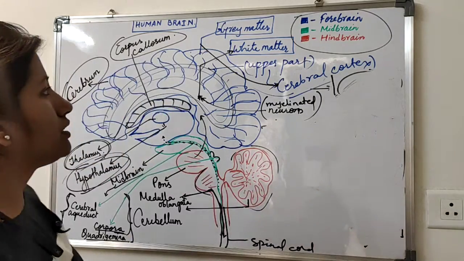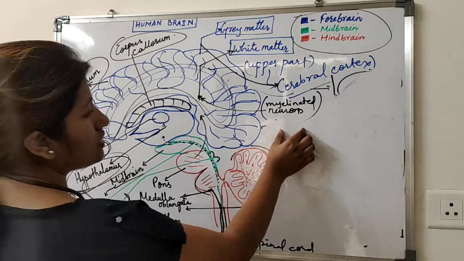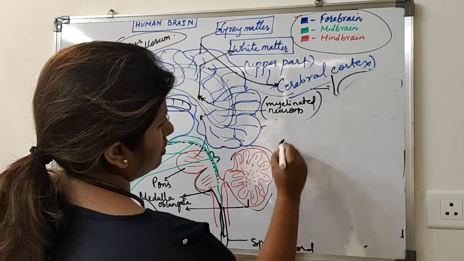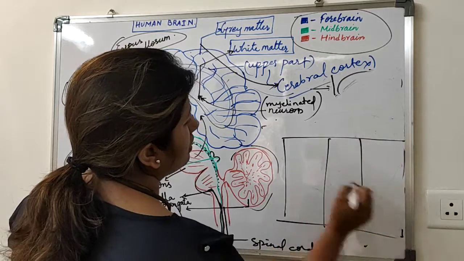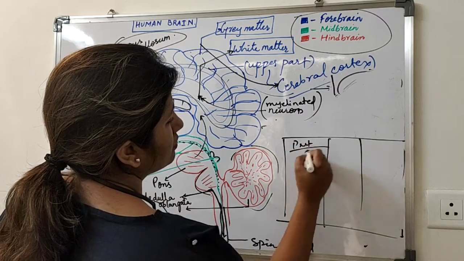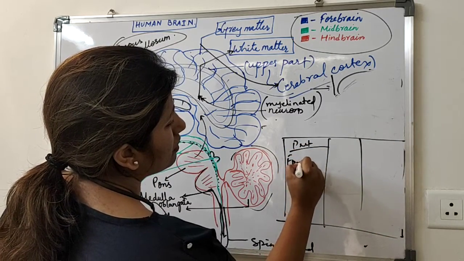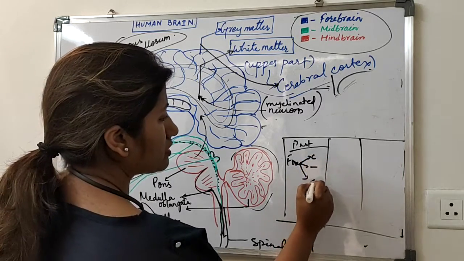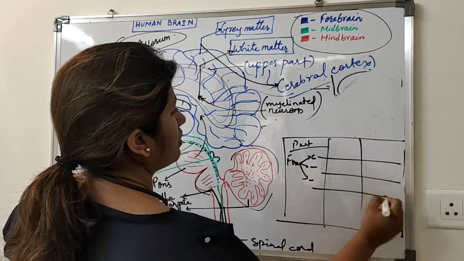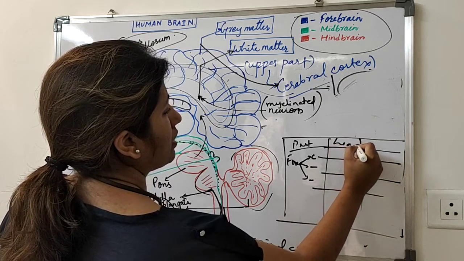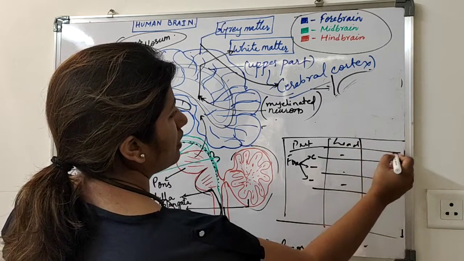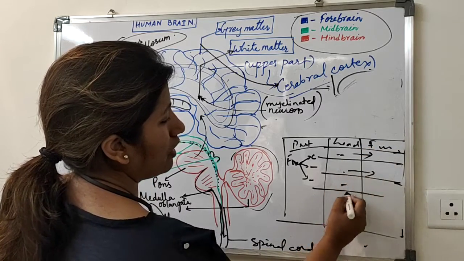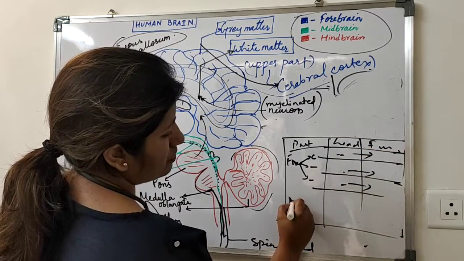So first make a table where you mention the structure, the first column being the parts of the brain. Forebrain, where the parts are cerebrum, thalamus, hypothalamus. Then location, where they are located, and then the function, what the cerebrum does, what the thalamus and hypothalamus do.